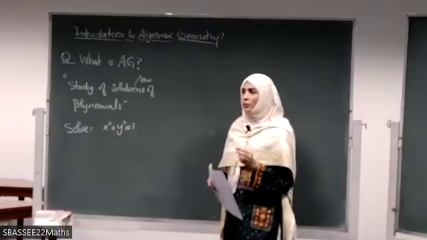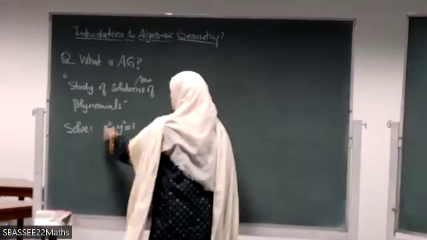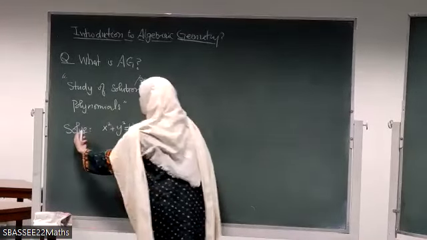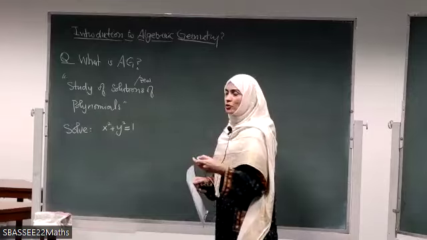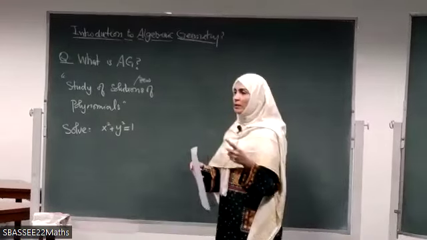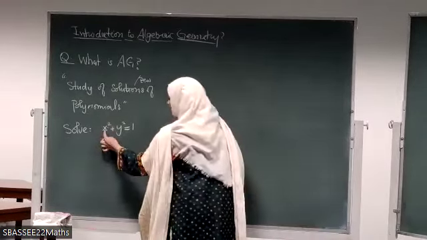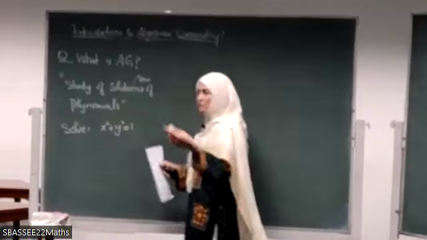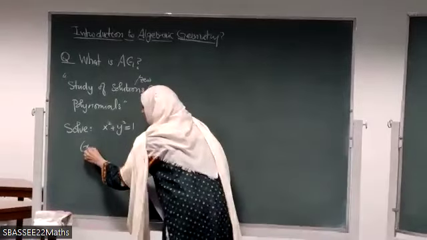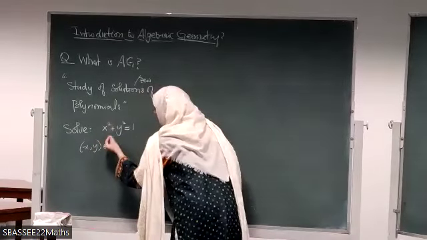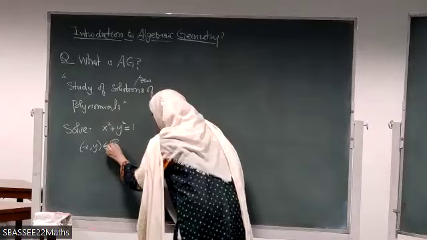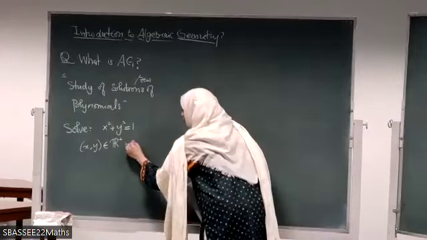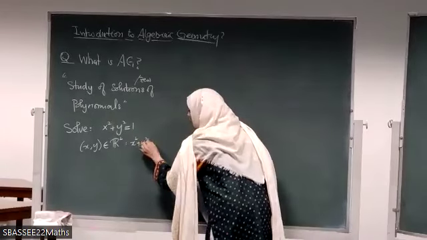What does it mean to say what is the solution of this equation? It means that you need to find a point (x, y) in some field or space, let's suppose R squared, which means that both are real, which satisfies this equation: x squared plus y squared is equal to 1.